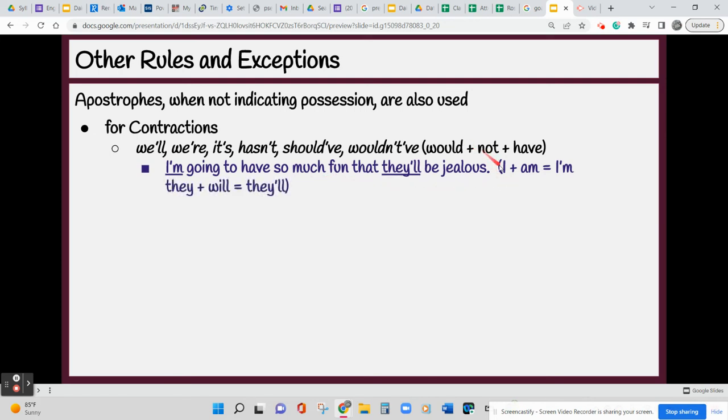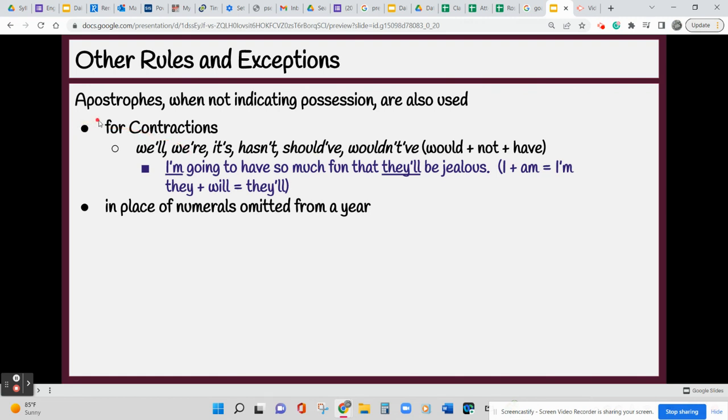We have contractions of I plus am, which creates I'm, and then they plus will, which creates they'll. Over here, wouldn't have. We have would and not and have. In professional writing, you want to refrain from using contractions. But in your everyday language, in your everyday reading and writing, you are going to see contractions and use contractions.